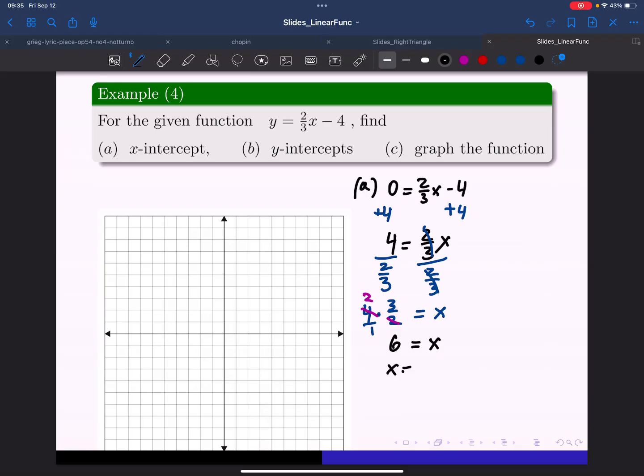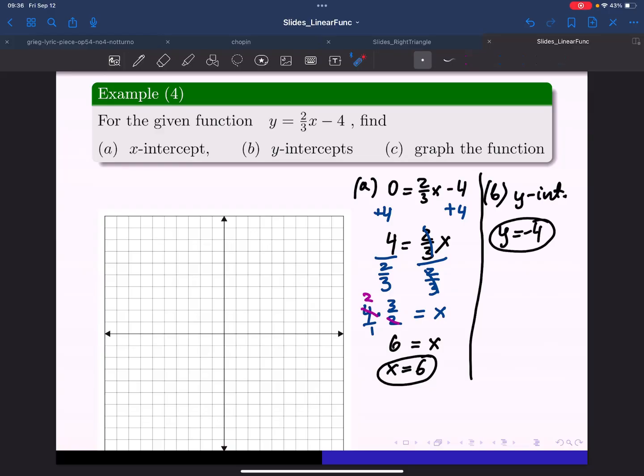So my x-intercept is 6. And we see that the y-intercept is minus 4. So y is equal to minus 4. We mark those points on the graph. So we have x, we have y, and on the x-axis we mark 6: 1, 2, 3, 4, 5, 6.